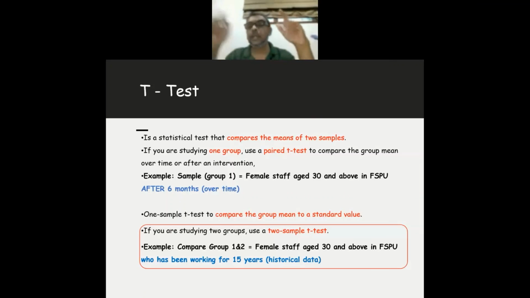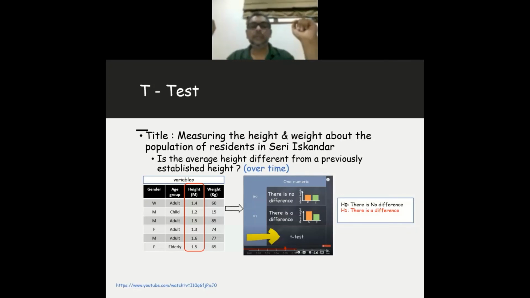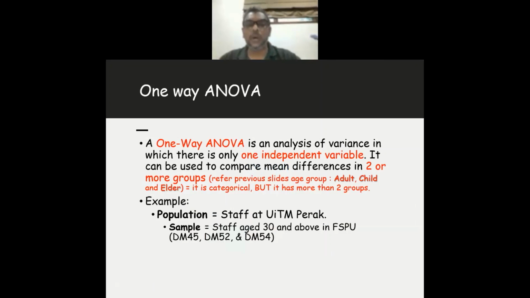And then you buat a t-test. So T kat sini bermaksud time lah. So when you do a t-test, you're looking at over time, over a period of time. Okay. So this is also an example. Is there any height difference? Average over a period of time. So you see lah what is the difference here.